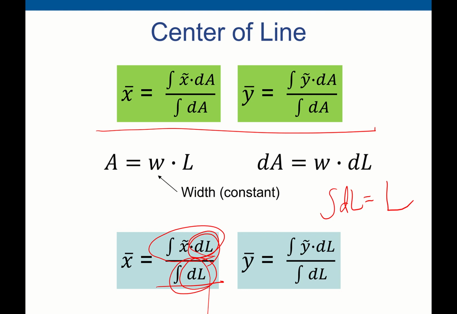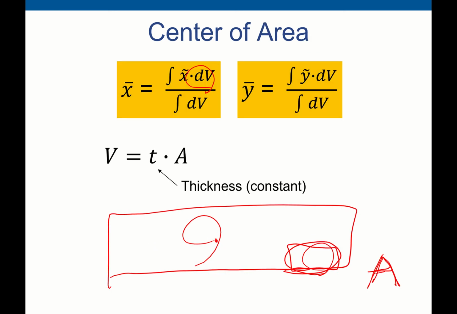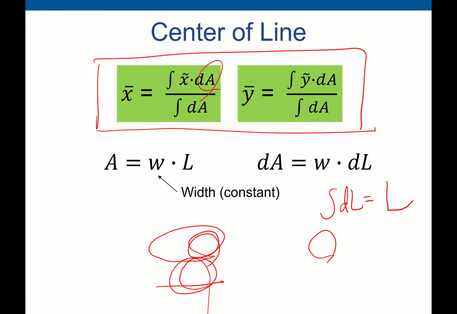When you want to calculate the center of an area, you find a differential area. If you want to find the center of a line, you find a differential length. It depends on how you define the differential area and differential length based on the question. But this is the simple concept.